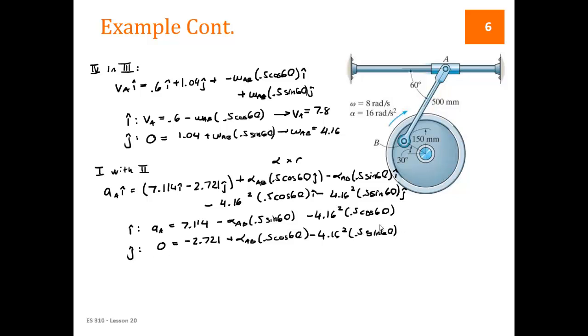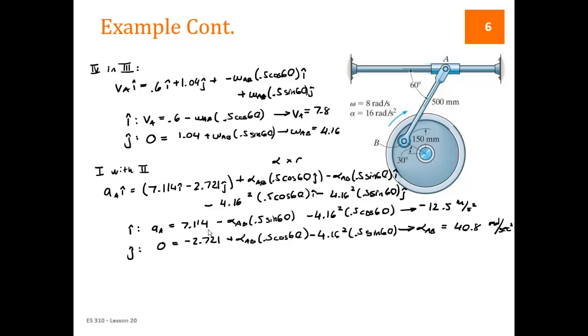From this second equation we can find alpha AB to be 40.8, and from the first equation, plugging in alpha AB, we can find AA, the acceleration of point A, as negative 12.5. Units would be meters per second squared, and this is radians per second squared.